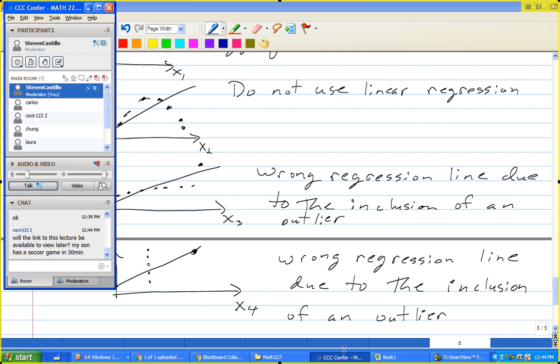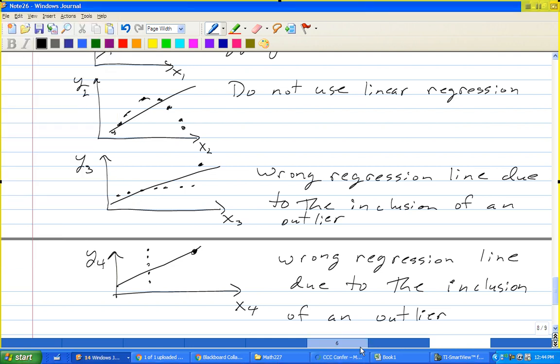Yes, this will be available later today. Okay, good. So that really finishes off section 10.3. Let me go on to section 10.4.